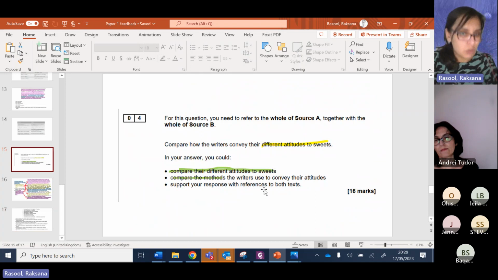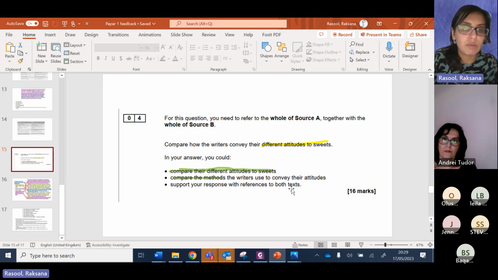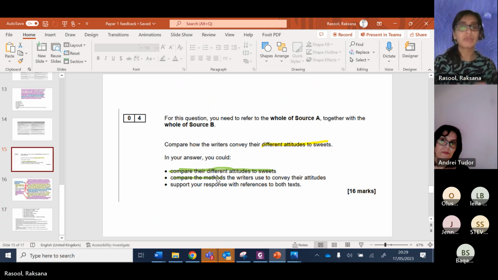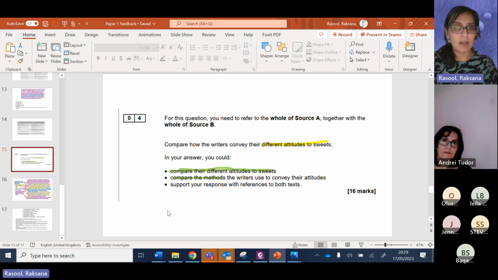The third one is to use quotes: you support your responses with reference to both texts, use quotes from both. So really what it's asking you is to compare the attitudes, and how do you know that they're different? What methods are used to show the different attitudes: the language, the structure, the layout, even the narrative perspective, the tone. So that's that.